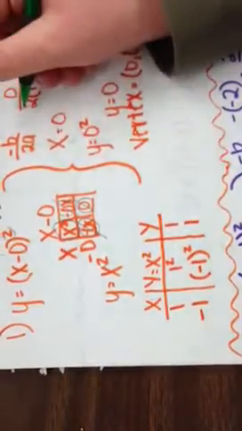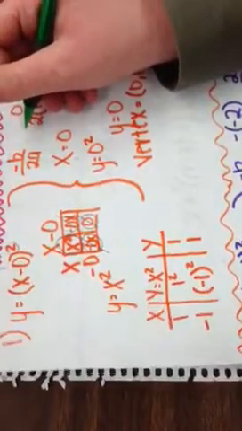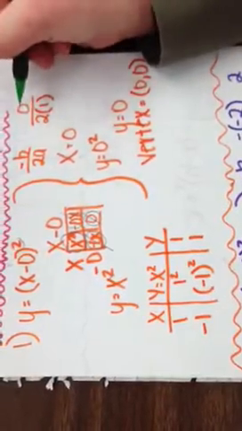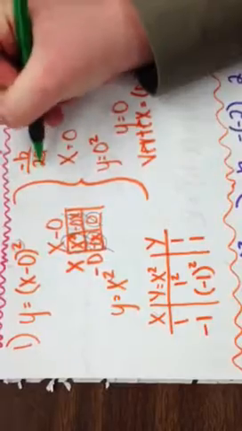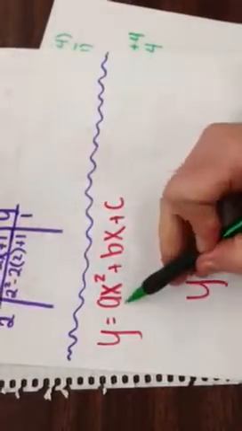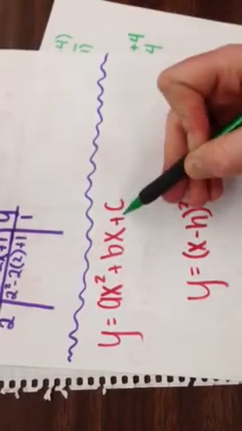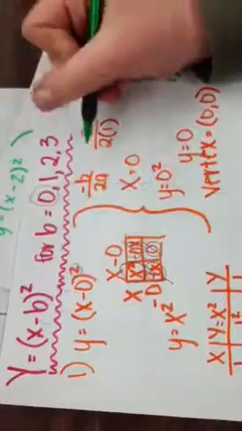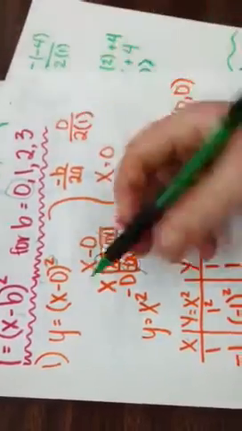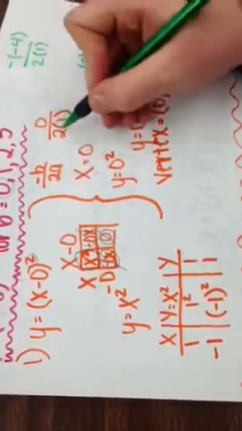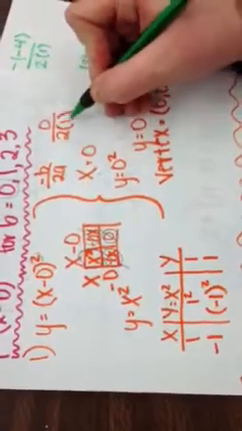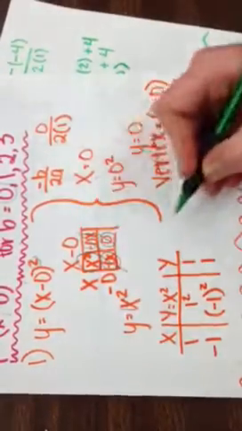Next, you want to find the axis of symmetry. So you do negative b over 2a, and we're using the formula ax squared plus bx plus c. So for b, 0, because we don't have a b, and then over 2, and then 1, because it's 1x.